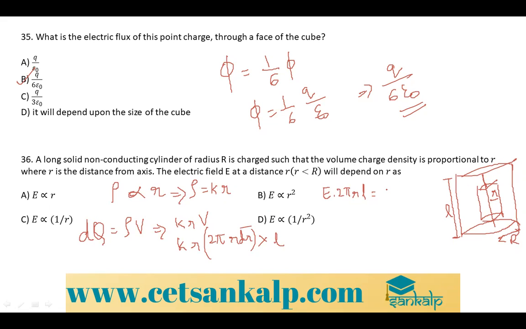Q divided by epsilon naught means I am going to take integration from 0 to r. So kr 2 pi r dr into L whole divided by epsilon naught.